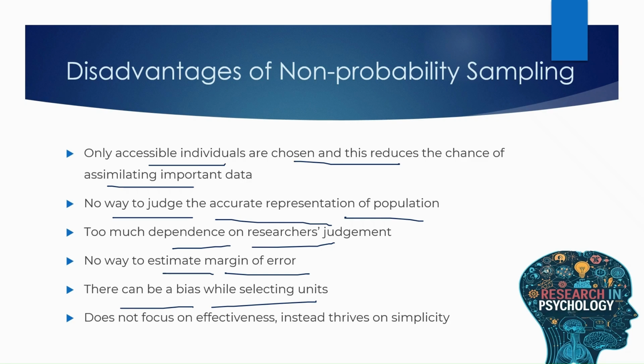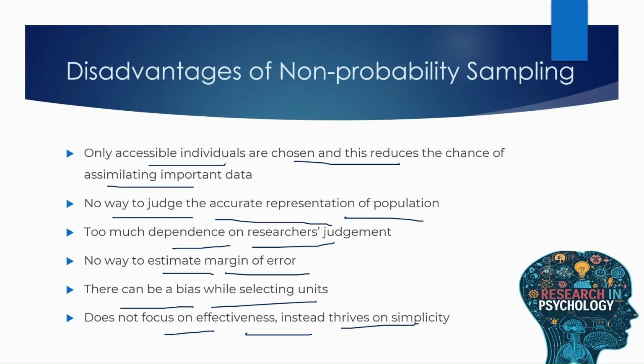So if in my class there are 30 people and I can use all of my classmates for my study, but I don't like 10 of them. So I'm not going to use them. I'm going to use only the 20 that I like. So that is my bias. Okay. So here there can be a bias while selecting units. And it does not focus on effectiveness, instead thrives on simplicity. Like what is the easiest method? What is the most convenient method?